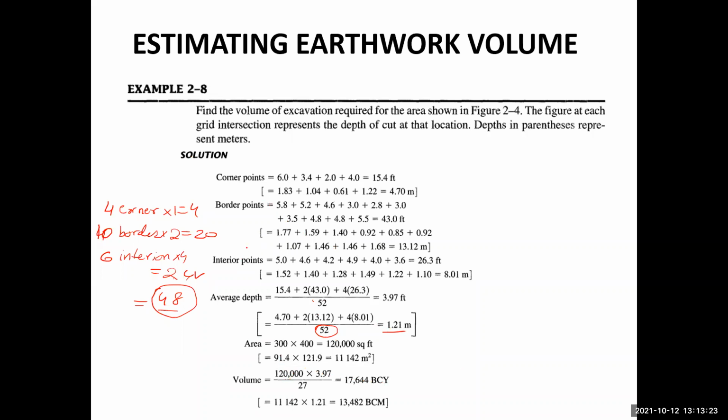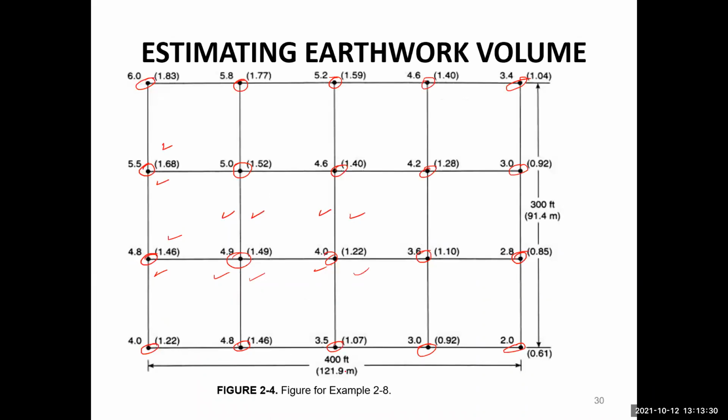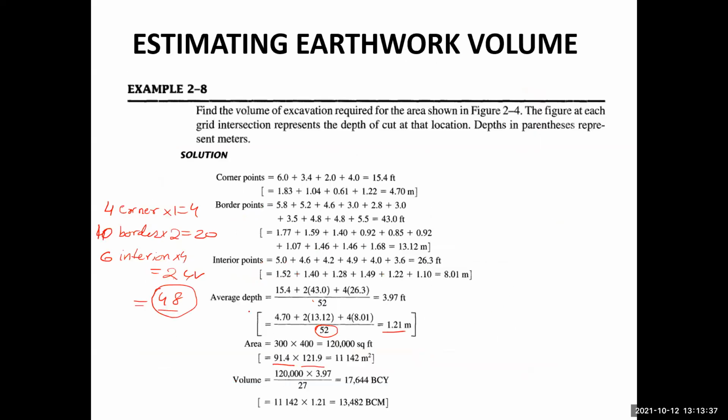The area is 121.9 meters by 91.4 meters, that is 11,142 square meters. That will be multiplied by the average depth, so 13,482 cubic meters of volume will be needed.